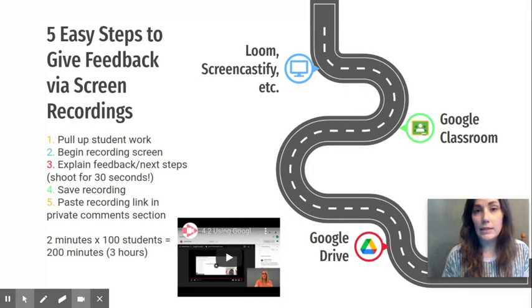I shouldn't say easy because it does take a little bit of time. It's not difficult to do. It does take a little bit of time, and it is less time consuming than if you were to open up a student's Google Doc and just insert comments. To me, that is a lot more time consuming than giving feedback via a screen recording. So this is where you are going to save some time.